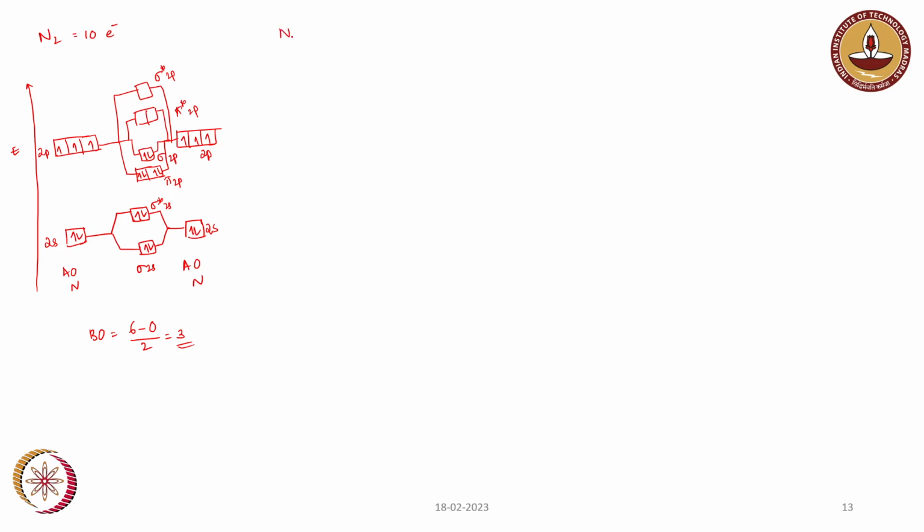So next one is N2 plus. In N2 plus there will be 9 electrons. So we can draw the same molecular orbital structure.